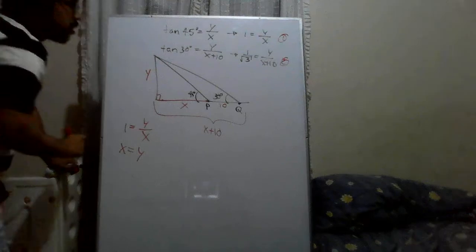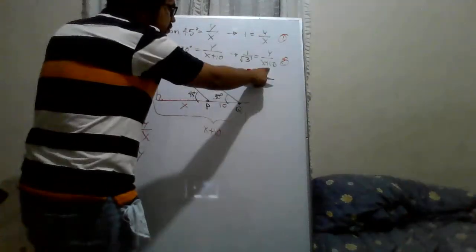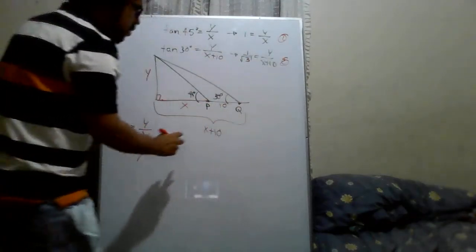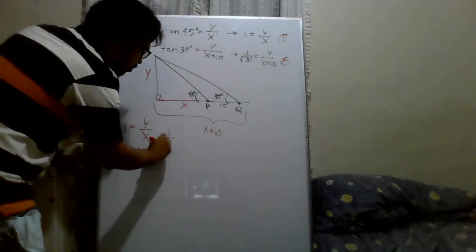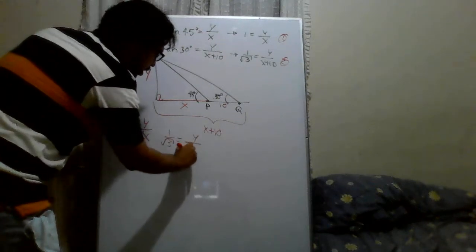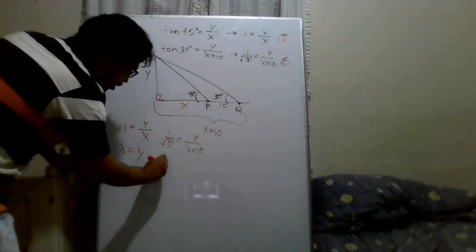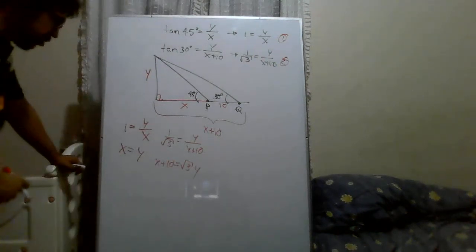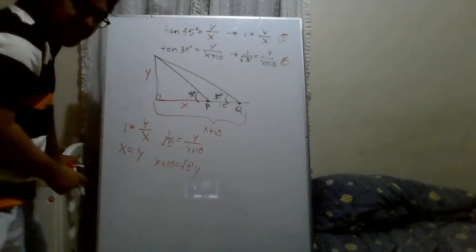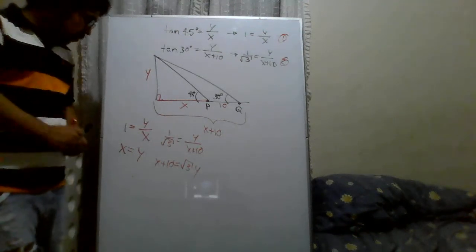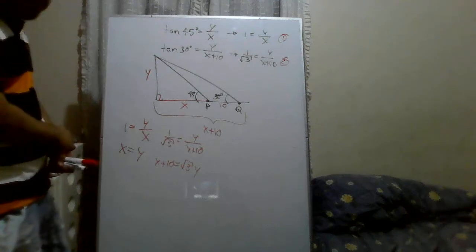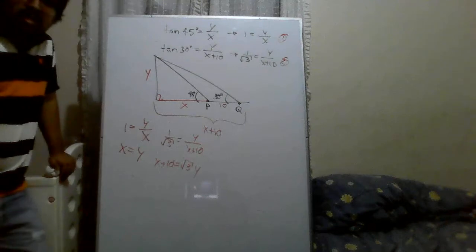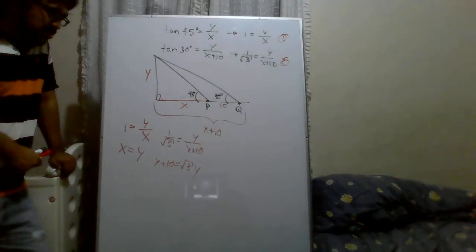Here you have something similar: if 1 over the root of 3 equals y over x plus 10, then x plus 10 equals root of 3 times y. You can solve this, it's actually not that hard. You can solve for y, and once you know y, you have solved the problem. It wasn't that hard, don't you think?